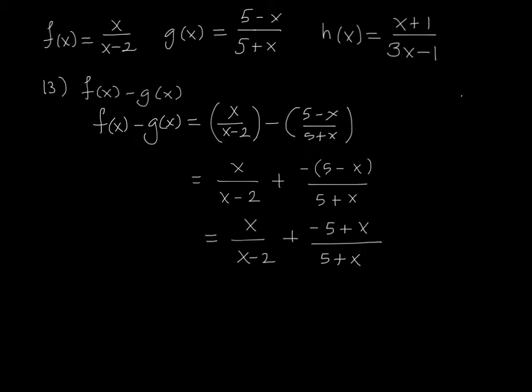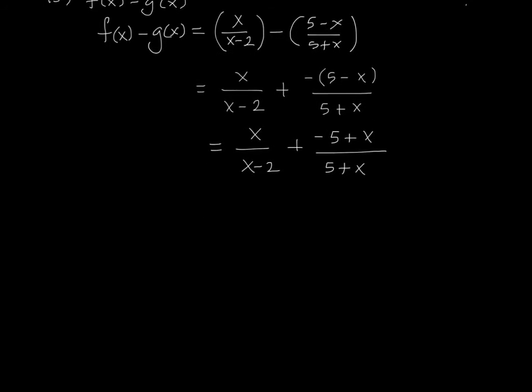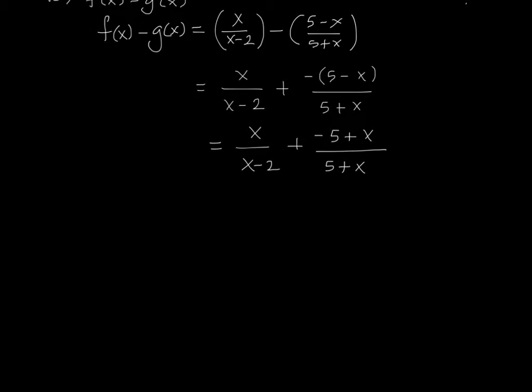So the next thing we need to do is find a common denominator for our two fractions. I'll multiply the first one by 5 plus x over 5 plus x.